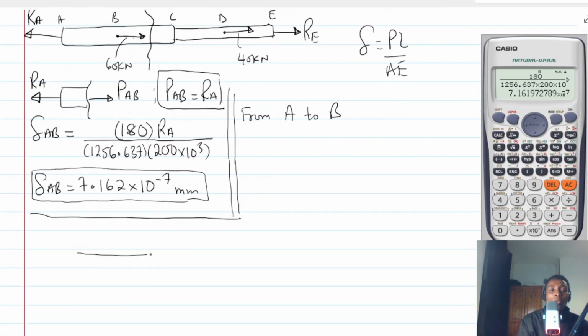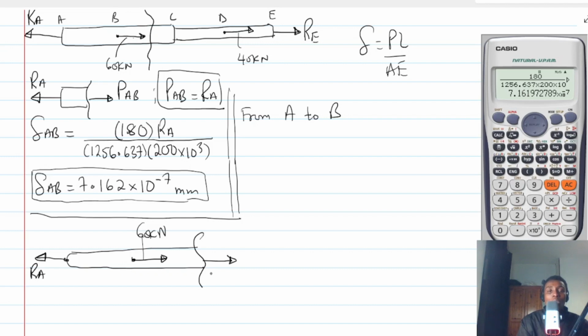If I do that, this is what I will get. I will get the whole of this structure all the way here, but there will be a section. Now this is 60, and then I have RA here. What we have here is supposed to be our load, which is PBC.